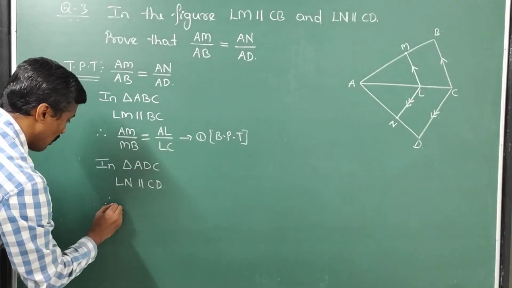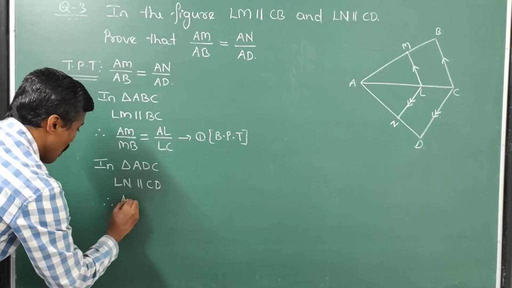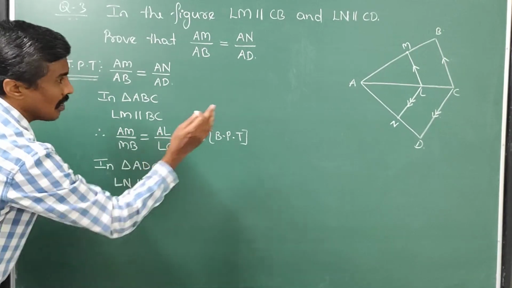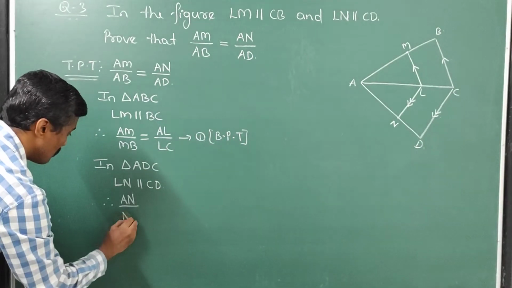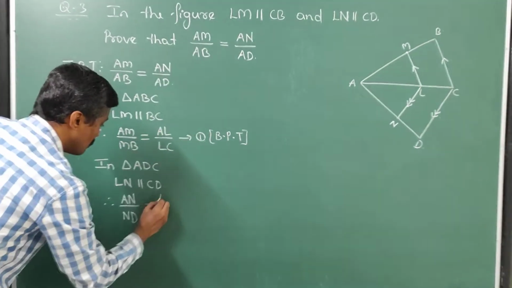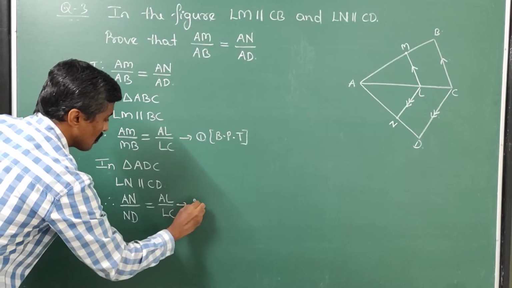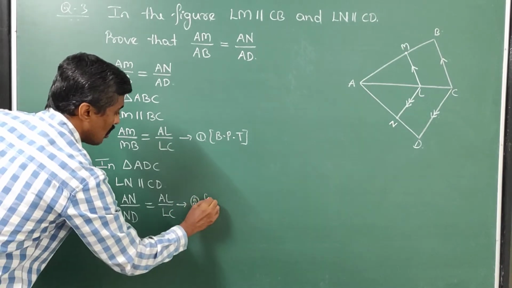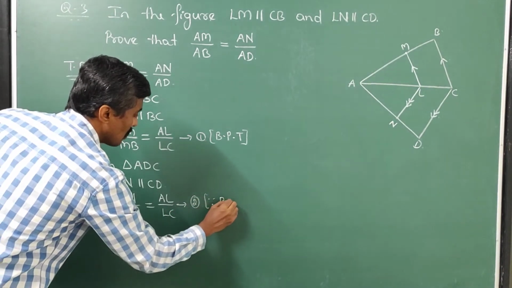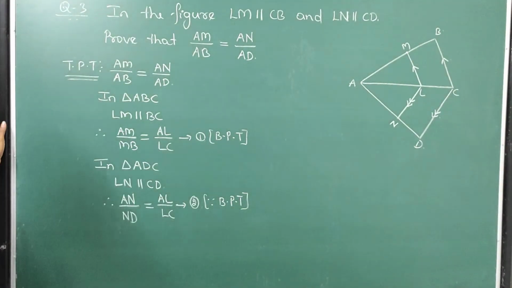Therefore, according to Thales theorem, AN divided by ND is equal to AL divided by LC. Once again, this is Thales theorem, also called the basic proportionality theorem.